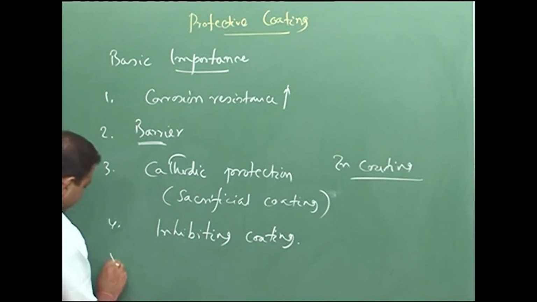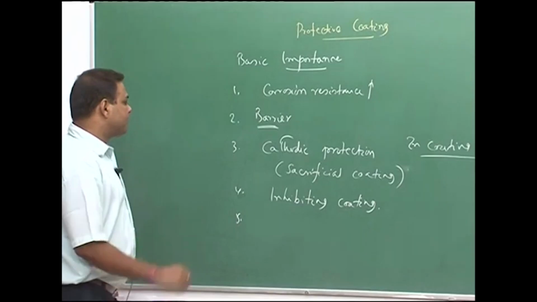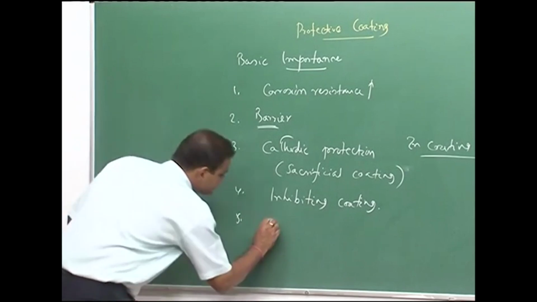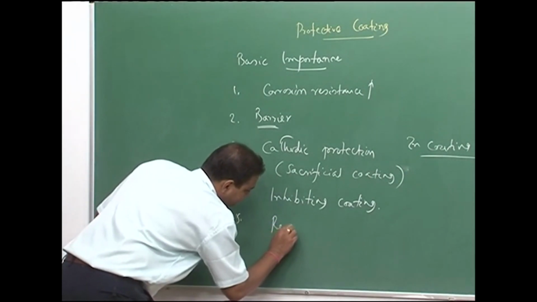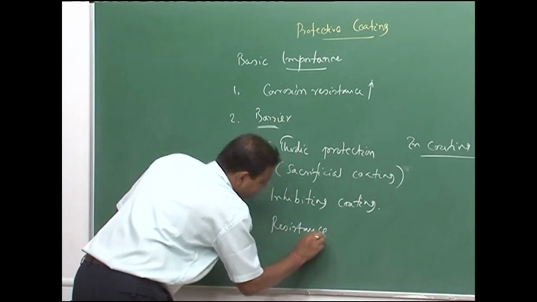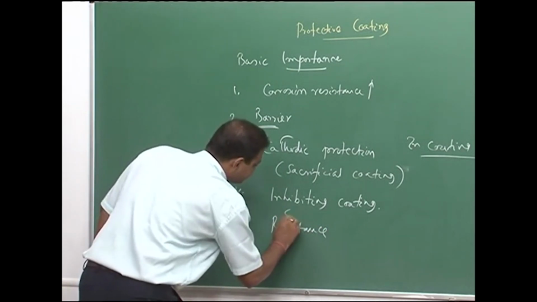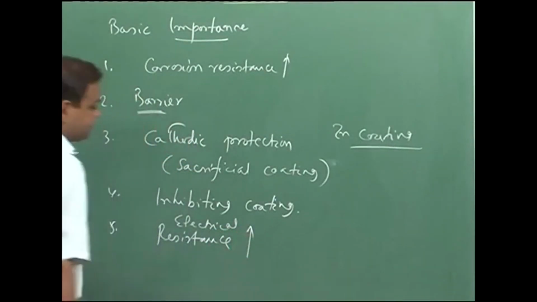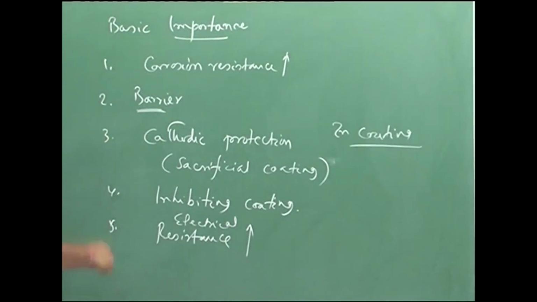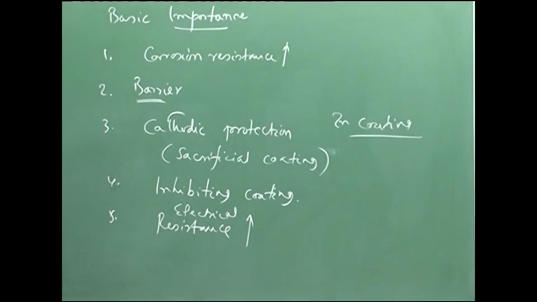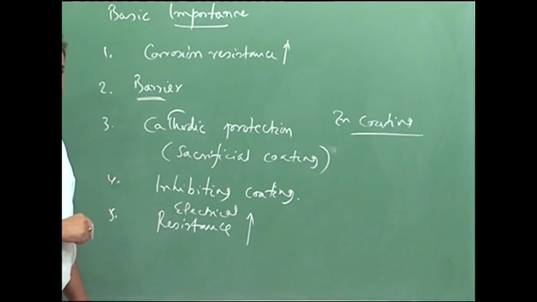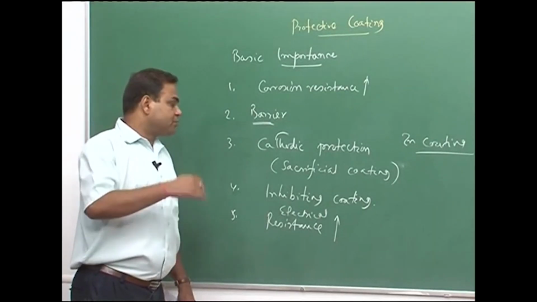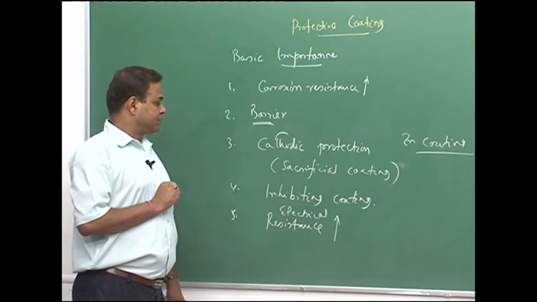Then in many cases they simply provide electrical resistance, which is mainly that the electrical resistance increases. If the electrical resistance increases, then for those anodic and cathodic reactions, that reaction process would go very slow.